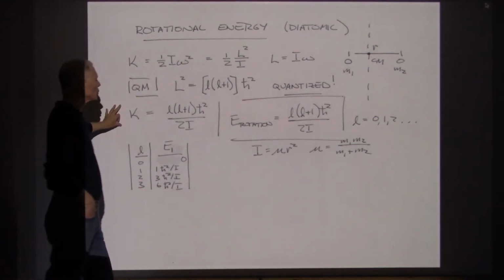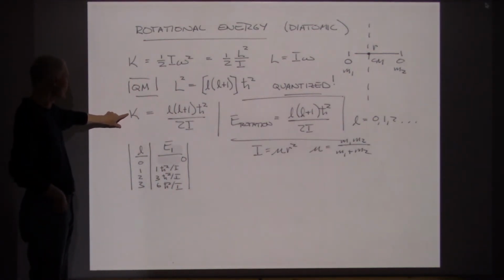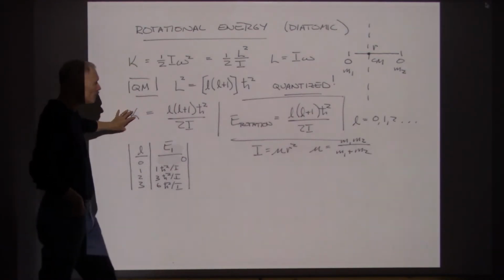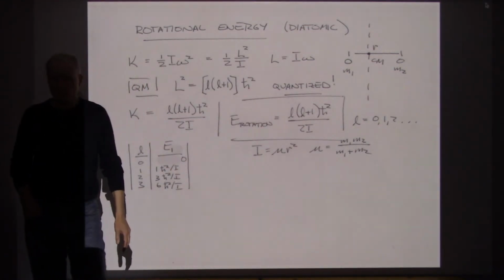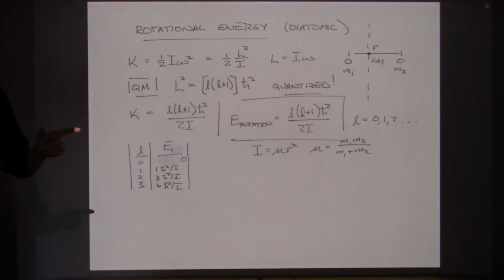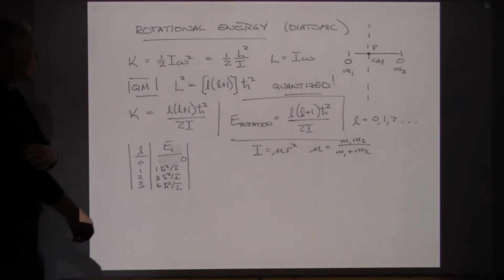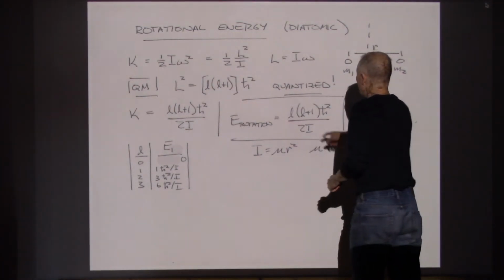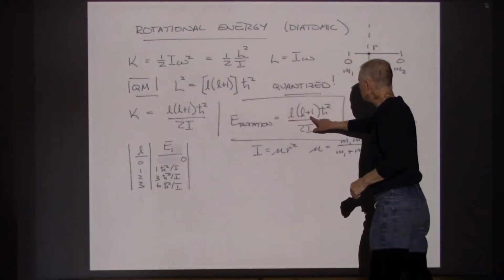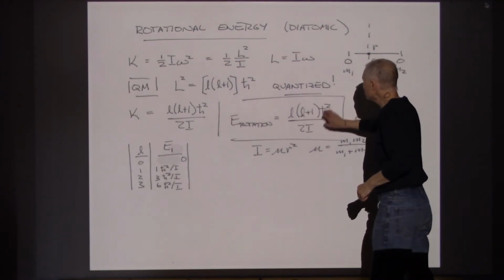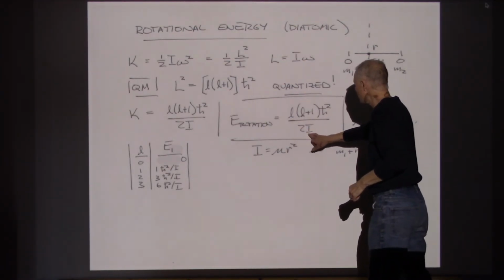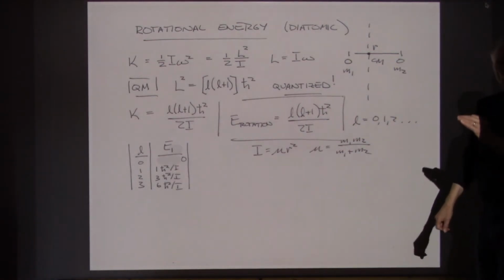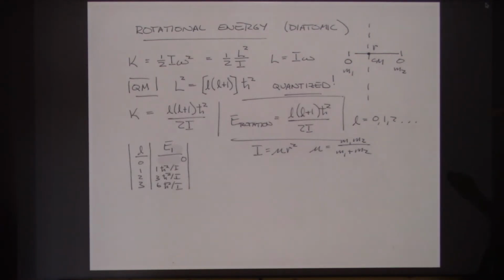So the energy of rotation, which is the kinetic energy we've calculated here, notice that we've gone from capital K for kinetic energy to big E, which is standard, but it's just a kinetic energy. It could be written as K. So the kinetic energy of rotation is quantized, and it follows the formula l(l+1) h bar squared over 2 times the rotational inertia, where little l can take on the quantum numbers 0, 1, 2, 3, etc.